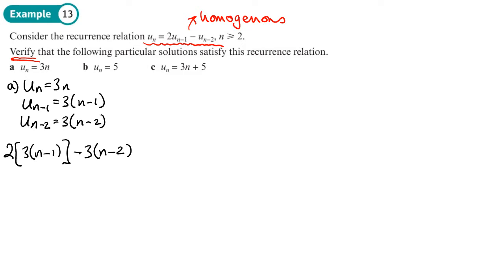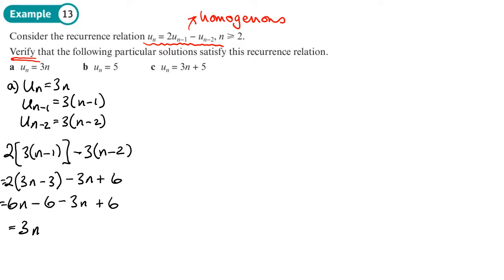We're just going to multiply this out and we should get 3n. So let's have a look. I'll have 2 times, and then in the brackets 3n minus 3, minus, and then 3n minus 6. So that would be 6n minus 6 minus 3n plus 6, and that leaves us with 3n.